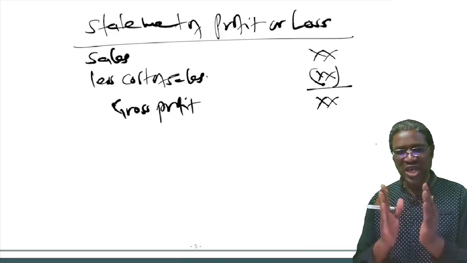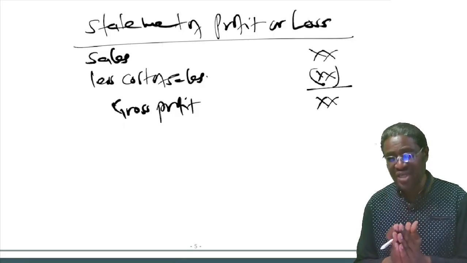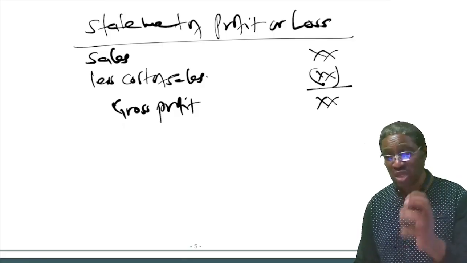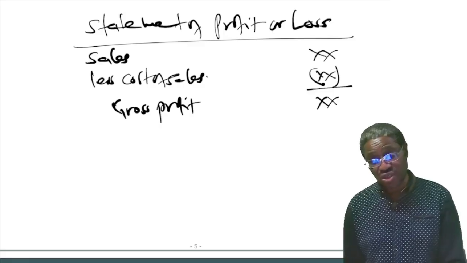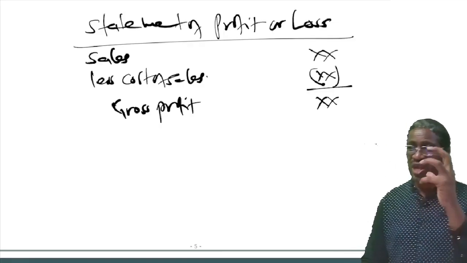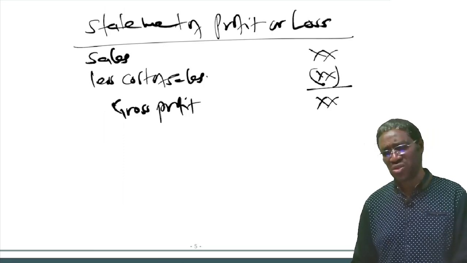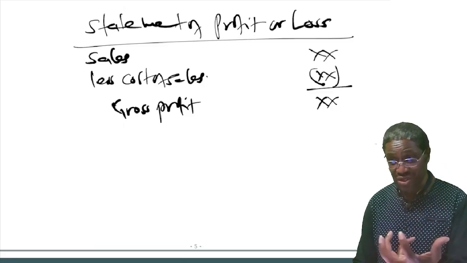Instead, those expenses that your company has incurred should be classified according to the function they perform in the organization. One of the functions that may be performed in an organization is the administration function.